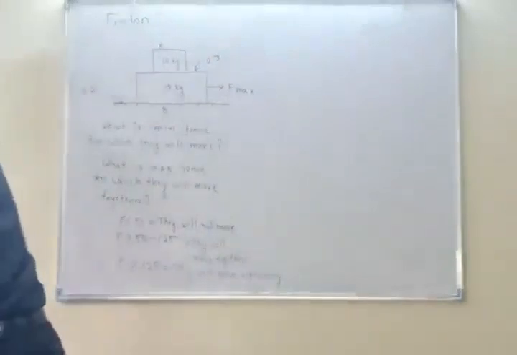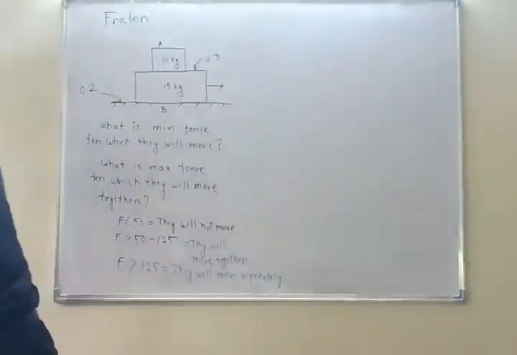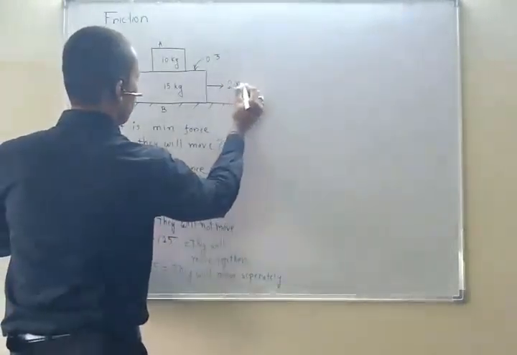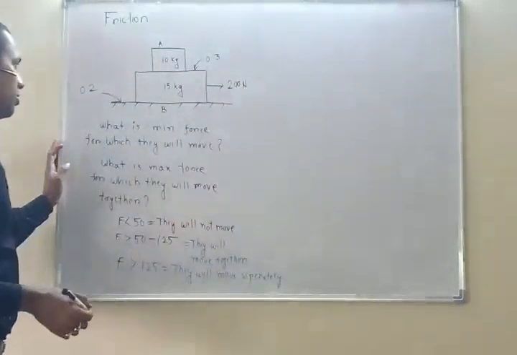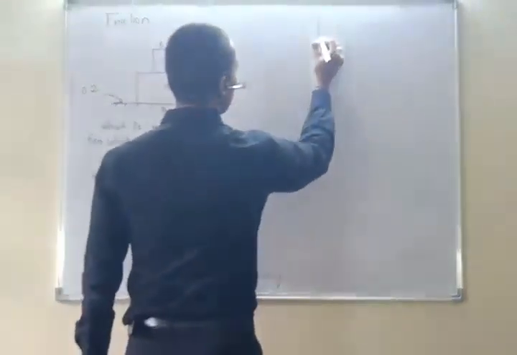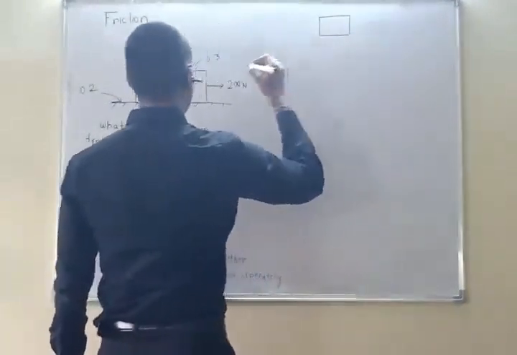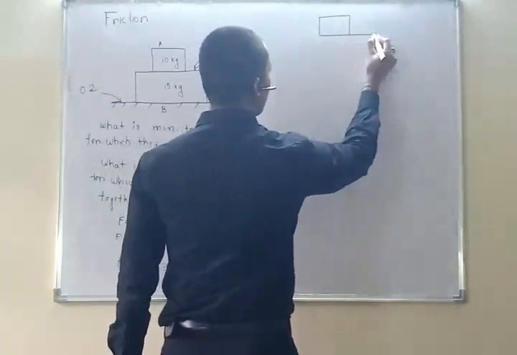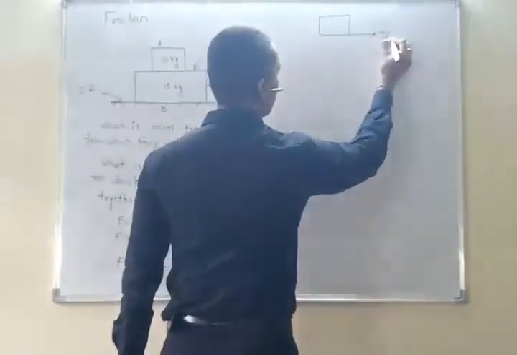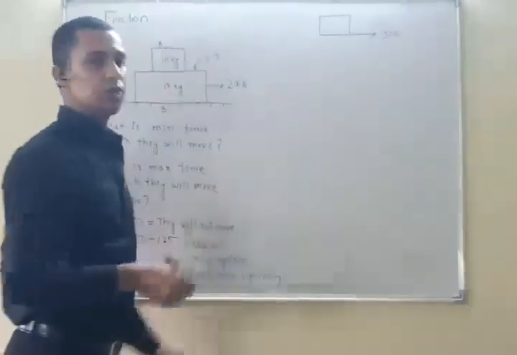Suppose instead of 125 or F max, I am writing it to be 200 Newton. Let me see what happens. If it is 200 Newton, then the force generated in here, that maximum resistance, the maximum force can be 30 Newton. Because of the 30 Newton, what was the acceleration?